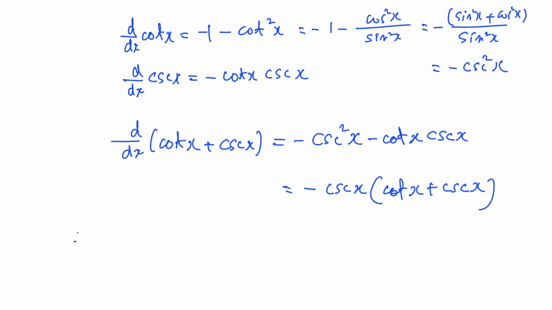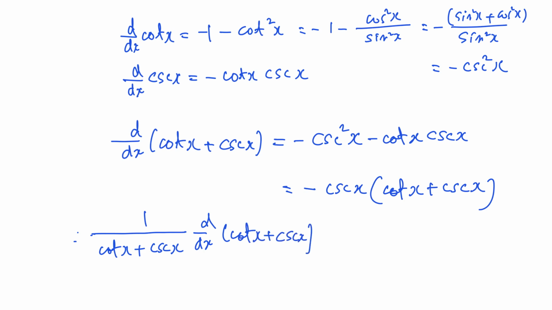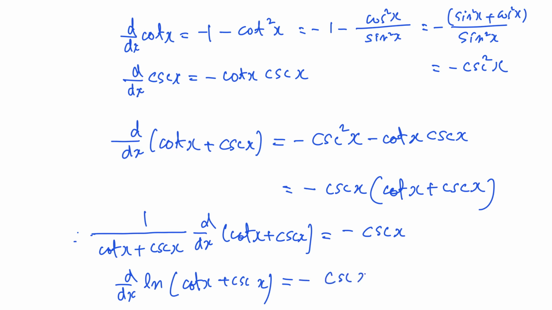So we have d/dx of (cotangent x plus csc x) over (cotangent x plus csc x) is minus csc x, or d/dx of ln of (cotangent x plus csc x) is minus csc x.